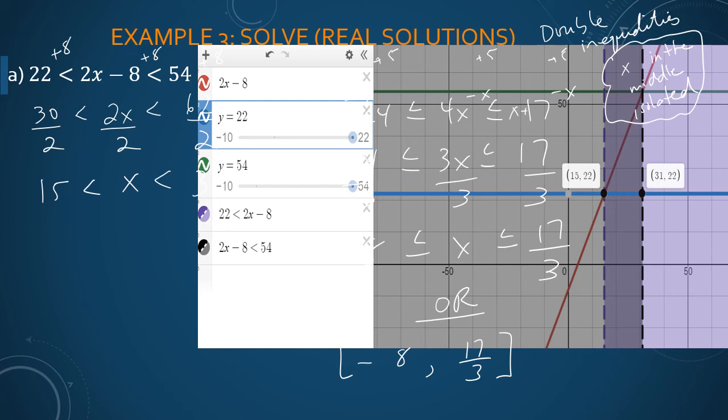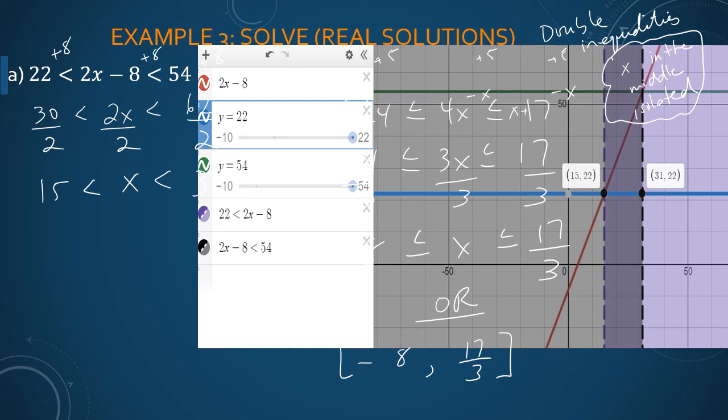And what I want to know is, when is 2x minus 8 between 22 and 54? That's what I want to know. So if I take a look at that, when is my red line between the blue line and the green line? Well, I've highlighted those points for you.